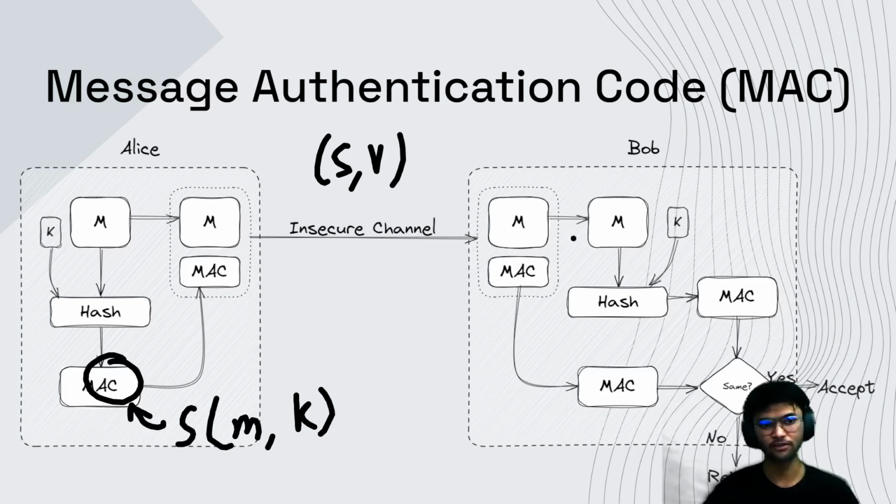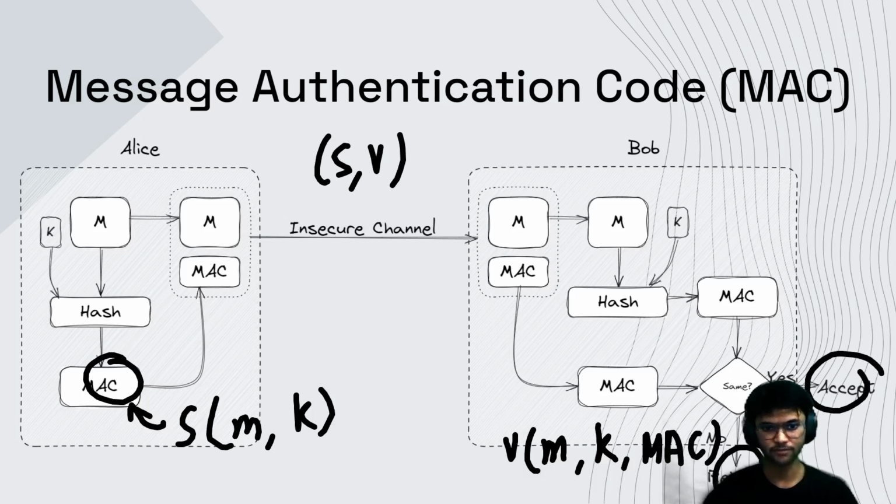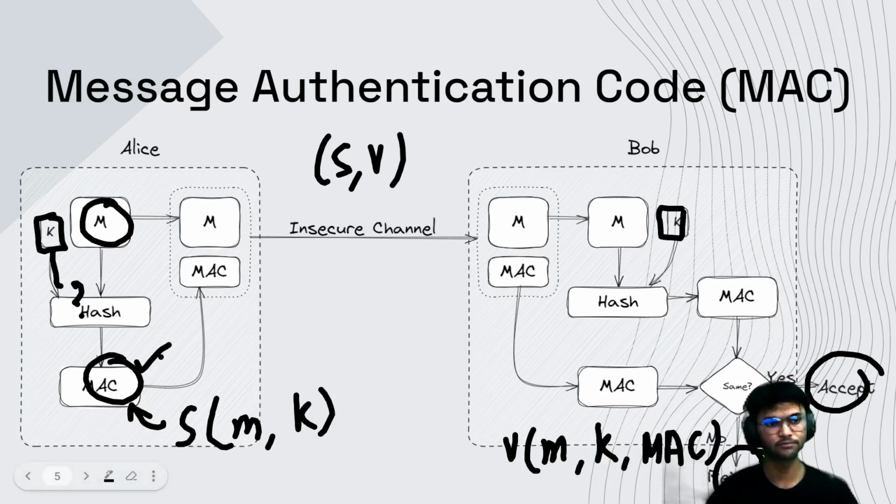The verification algorithm, which is used by Bob, takes in the message M, the same secret key K, and the received MAC to verify if the message is consistent. Since Eve does not have this secret key K, they cannot modify the message to generate a valid MAC.